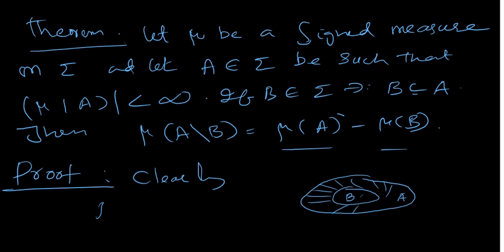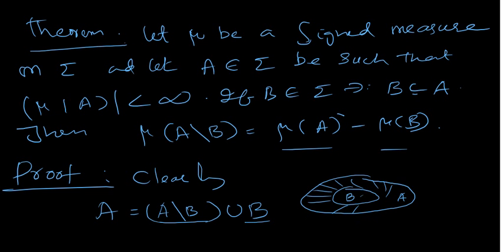This A is equal to A minus B union B, the shaded region. These are disjoint sets, and both are members of sigma, because sigma is a sigma algebra, and a sigma algebra is closed with respect to difference.